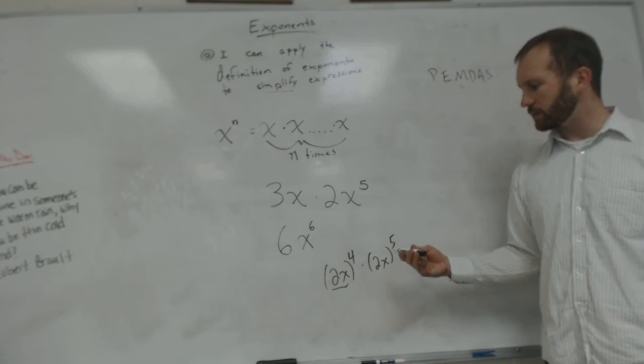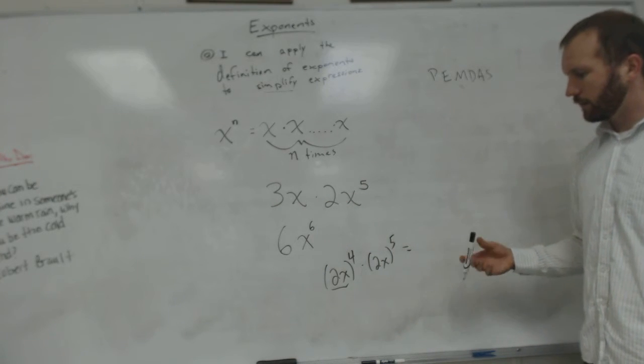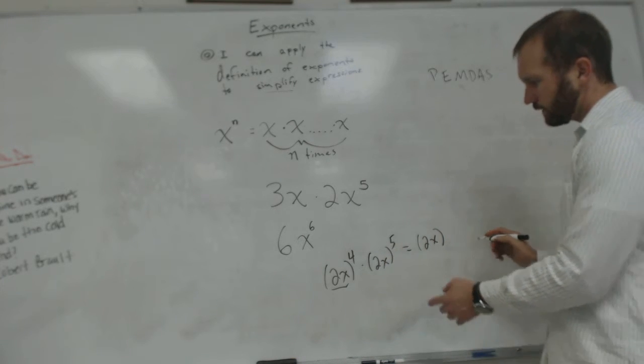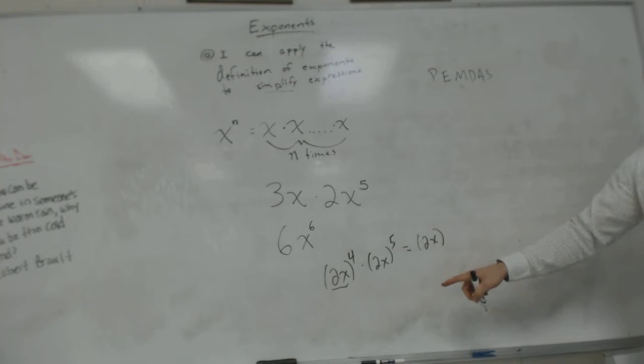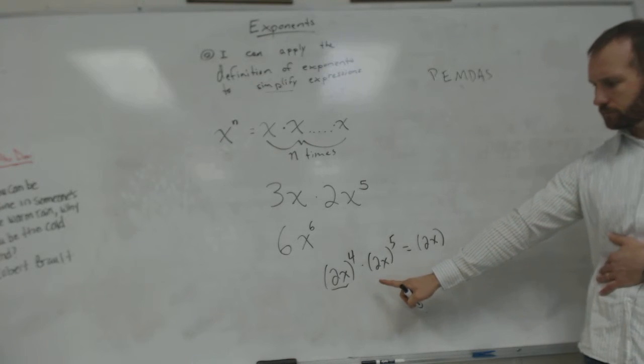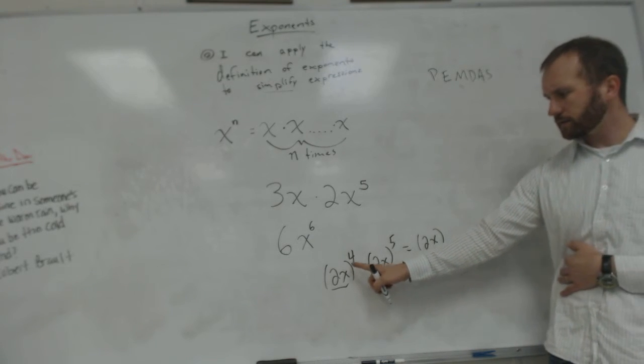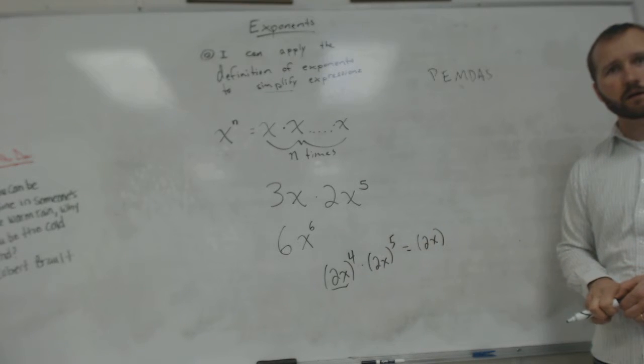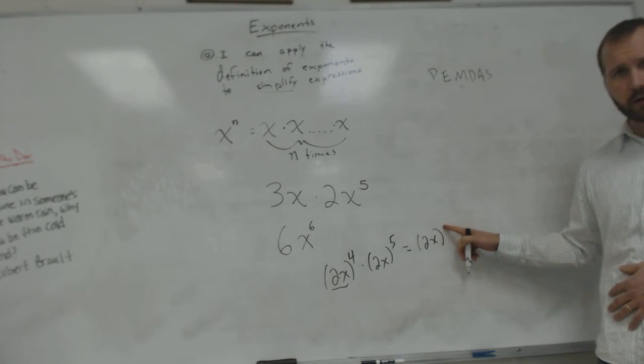And here I have no parentheses. So in this case, the base is going to still be 2x in the answer. And what will be my exponent for this one? 2x to the 4th times 2x to the 5th.